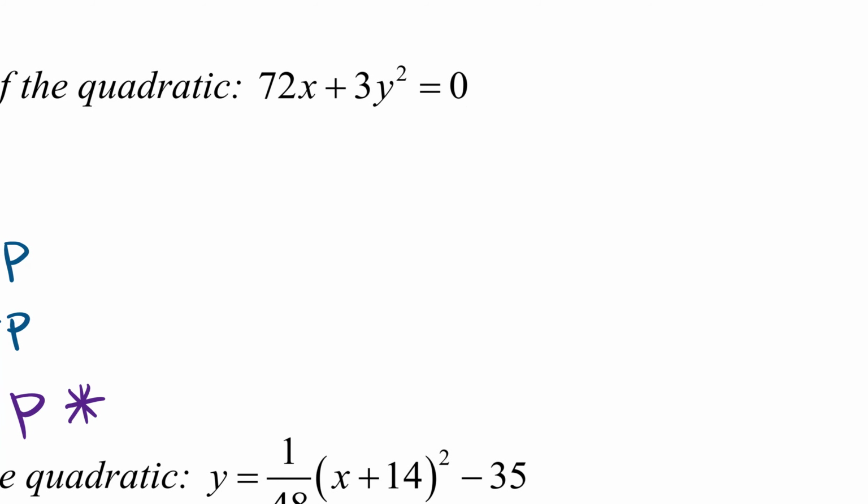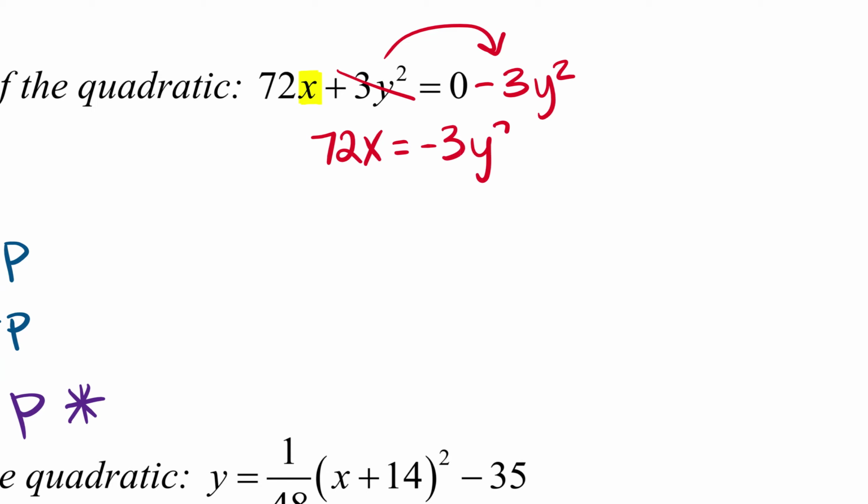So let's look at this one. Again, I want to solve for just x or y, not x squared or y squared. So I want to get this x by itself. To do that, I'm going to move this over here. So plus 3y squared becomes minus 3y squared. So I have 72x equals negative 3y squared.